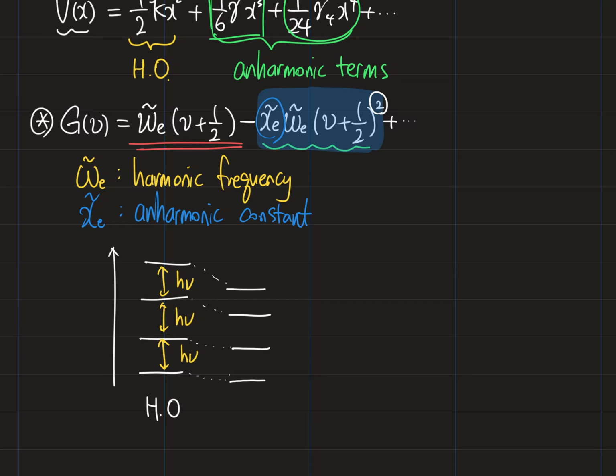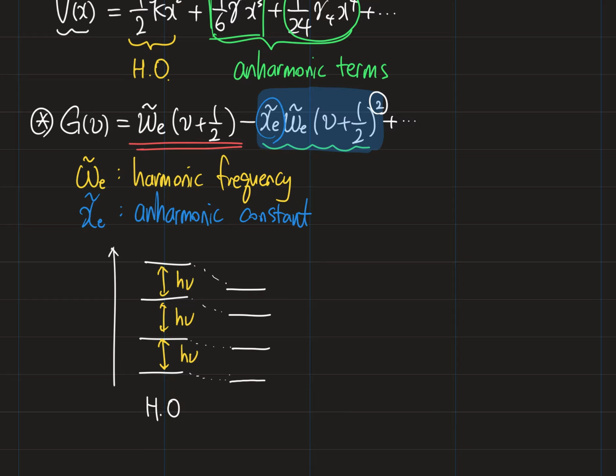Because the anharmonicity increases with the square of the vibrational quantum number, the energy gaps between adjacent energy levels keep decreasing.